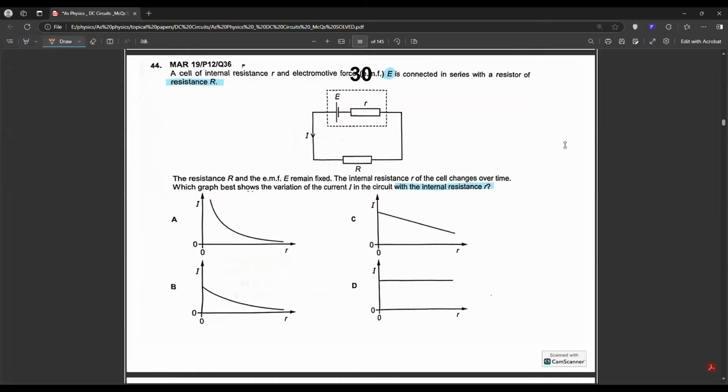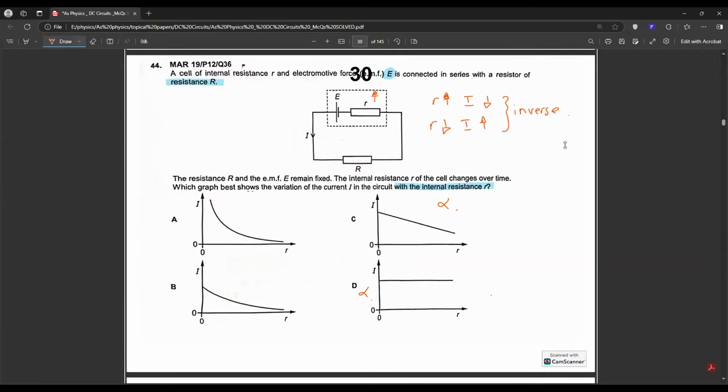So as the internal resistance increases, your current will decrease. And as your internal resistance decreases, your current will increase. So you can see from this that they have an inverse relationship. Hence, C cannot be your option, D cannot be your option.